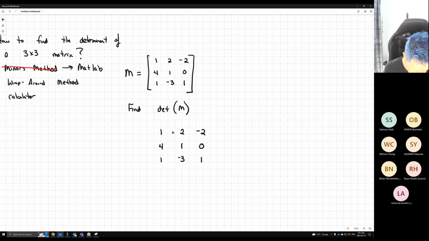Okay, so I'm going to start with the lower left triangular portion of my matrix, the lower left. So what do I mean by the lower left? I mean that portion right there. I'm going to copy that, and I'm going to pick it up and move it to the right-hand side and attach it on to my matrix.